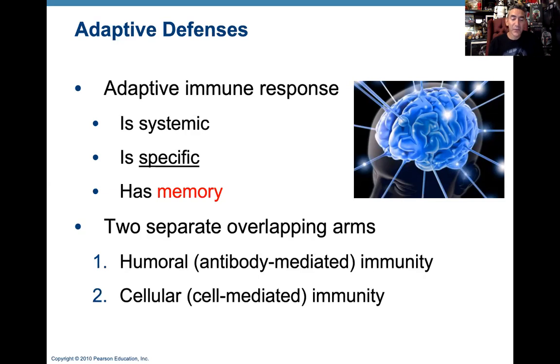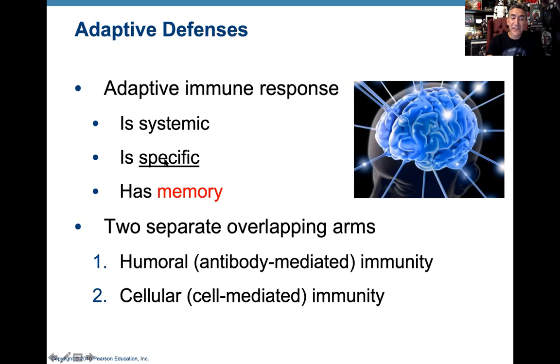So when we get immunity, say we got exposed to the little tetanus bacteria, the Clostridium bacteria, on our left foot, but let's say later in life, I get scratched on my right arm. Oh man, that little tetanus bacteria got into my system again. Well, adaptive immunity is systemic. So it doesn't matter where you get that shot, where you got the rusty nail, where we get scratched. That immunity is conveyed throughout the whole body, the whole system. So we say that's systemic.